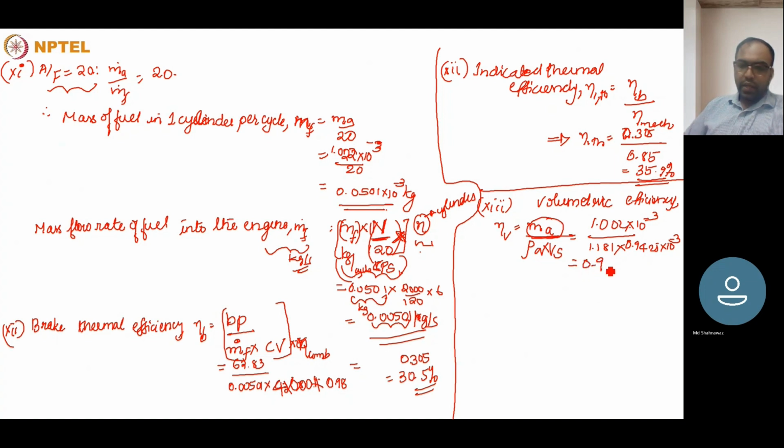It's coming around 0.9. So the volumetric efficiency is the actual mass of air to the theoretical maximum air entering the engine. And the last quantity is brake specific fuel consumption.